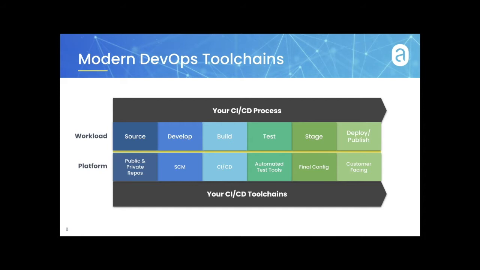So we have source code, we do development, builds happen automatically. There's testing that goes on for QA or other types of functional tests. There's typically some kind of staging environment or part of this spectrum where everything is now ready to go, and there are final steps like signing or bundling it up for publication or deployment, and then finally that last stage, which is customer facing.